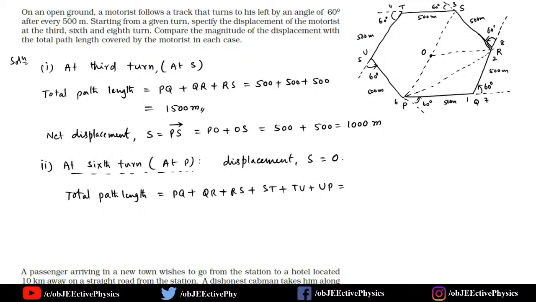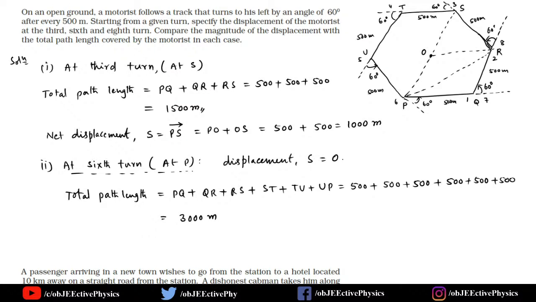All are equal to 500. 500 plus 500 plus 500 plus 500 plus 500 plus 500. So that is equal to a total of 3000 meters.